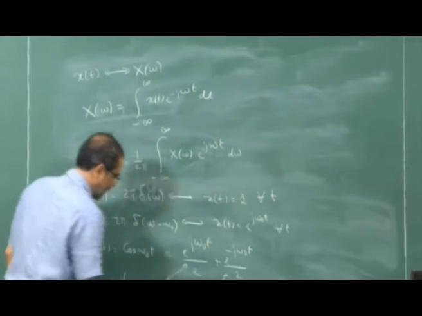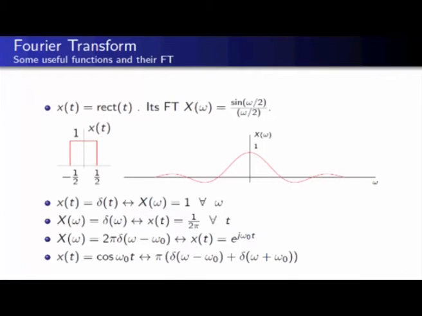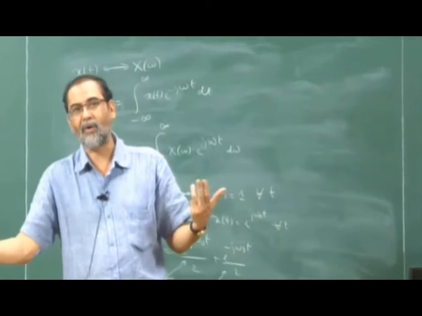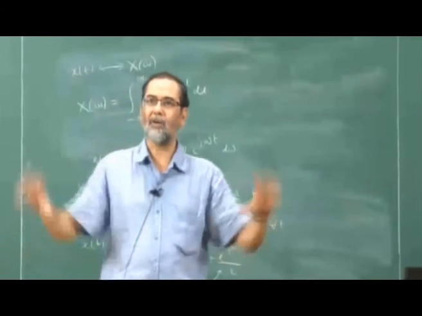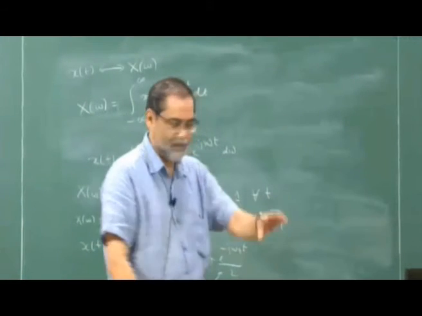Okay, half and half cancel out and you get what I've written there, which is pi times delta of omega minus omega naught plus delta of omega plus omega naught. You have two impulses, one impulse at omega naught, one impulse at minus omega naught, of height given by pi. Okay, so that's a consequence.